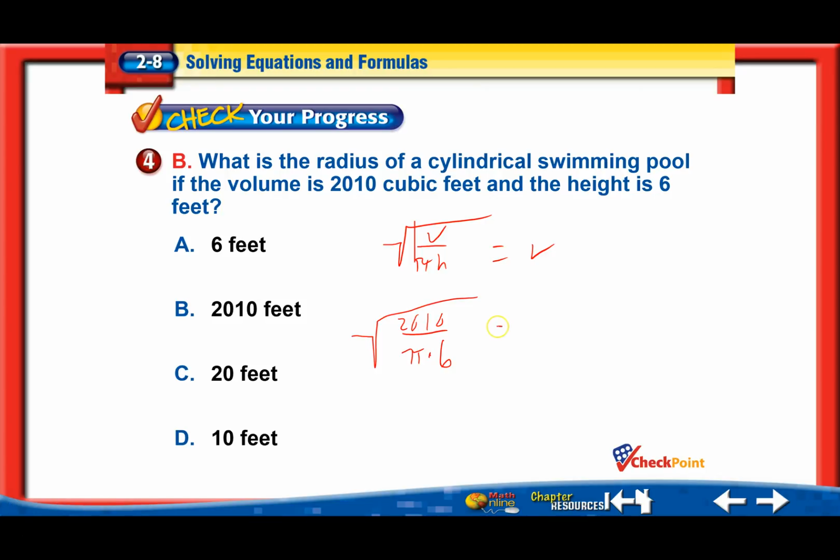Be really careful putting this one into your calculator. I came out to approximately 10.33 feet. The closest answer I had to that is 10 feet, but it doesn't come out exactly. When you divide 210 by pi times 6, it comes out to something like 106. So just be careful on that one. It doesn't come out right at 100 like it probably should.